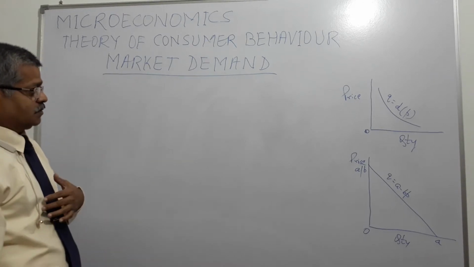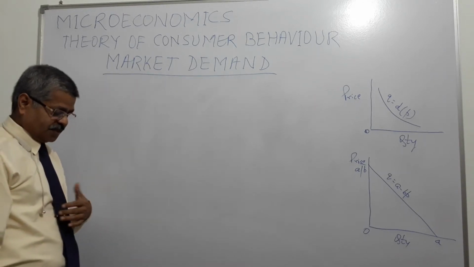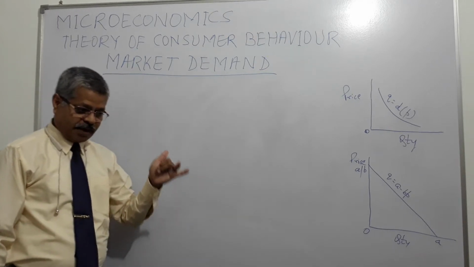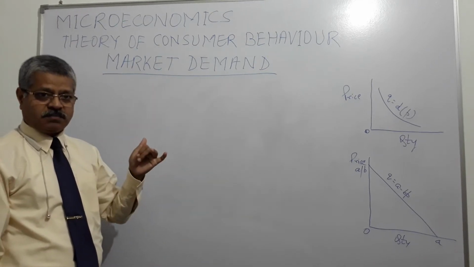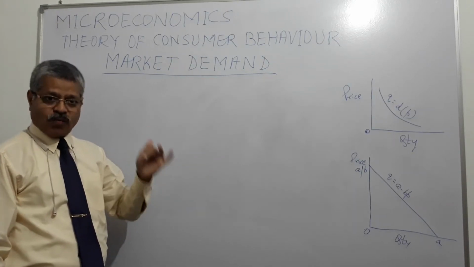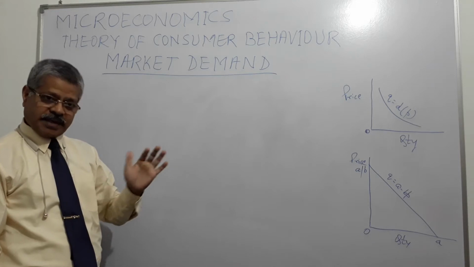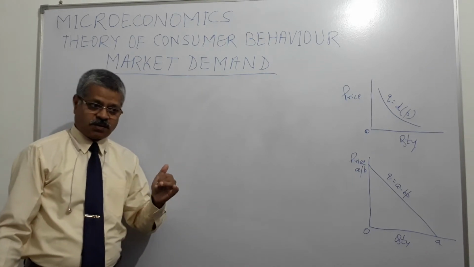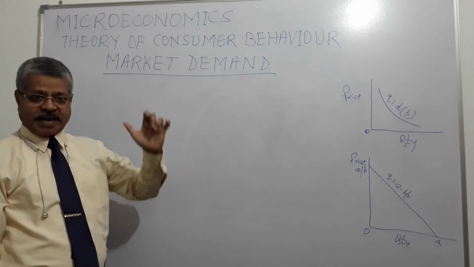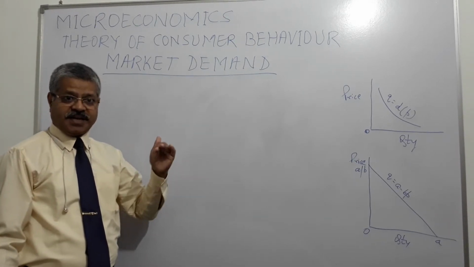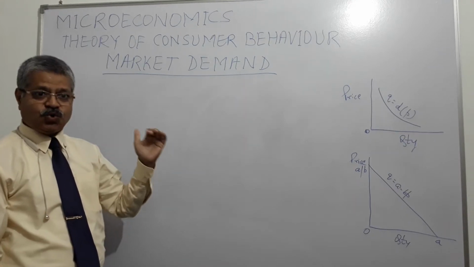How do we do that? Suppose there is consumer 1, and at price P prime, he or she is willing to buy Q prime 1.